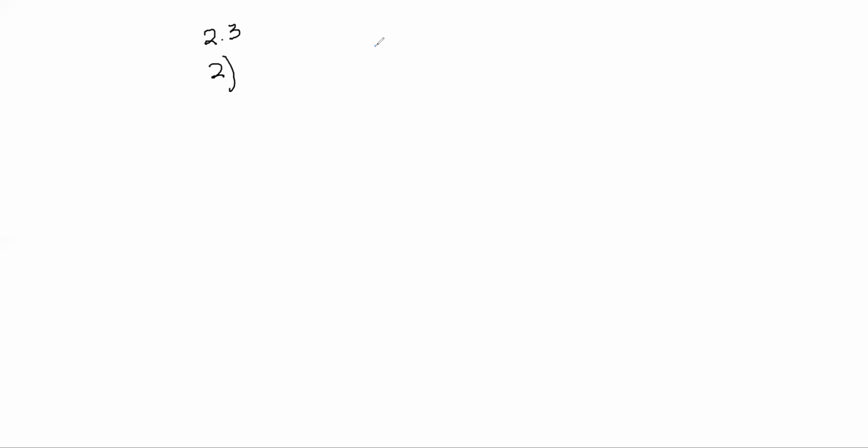So I'm going to remind you that instantaneous rate of change is equal to the derivative, which is equal to f prime of x, which is equal to df dx. And Leibniz notation is this one.